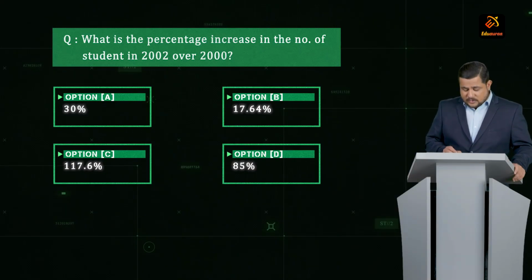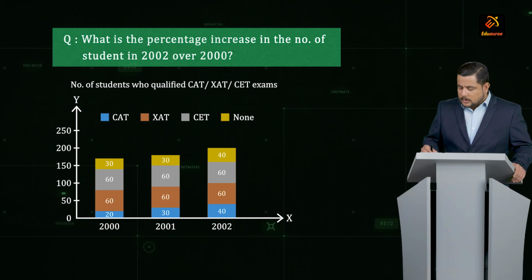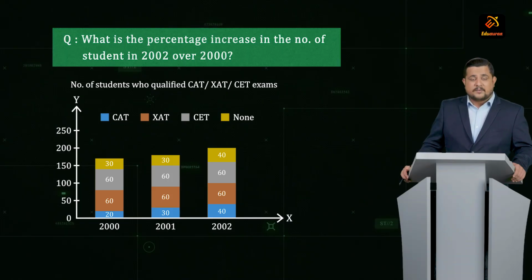So in 2000, as we know, we already calculated the total number of students. How many? 170. Now we will look at 2002 in the bar graph. So 40 plus 60 plus 60 plus 40. What will we get? We are adding each segment. It is divided into 4 parts, as we know.